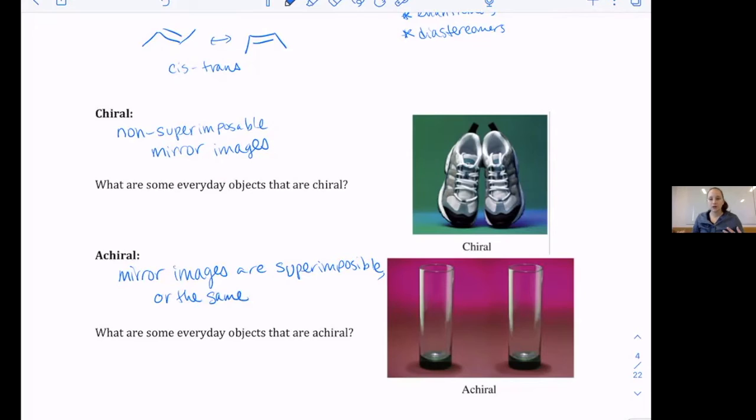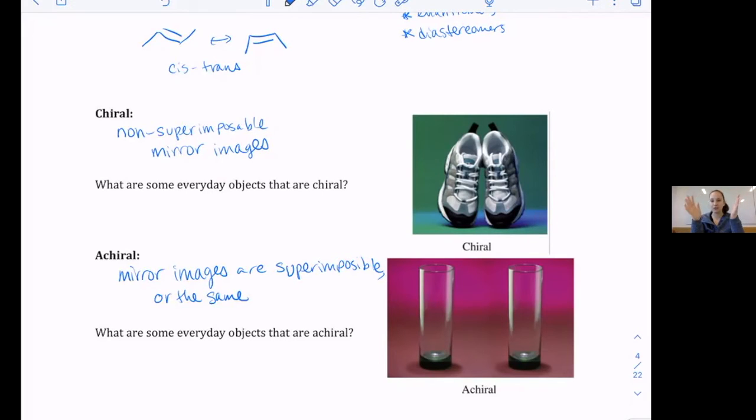Okay, the big example that everybody likes to talk about for chiral versus achiral is your hands. Right now I have a ring on, so maybe we'll take that off just to show it, but your hands are chiral. If I put a mirror right next to my hand, my other hand is the mirror image of it.